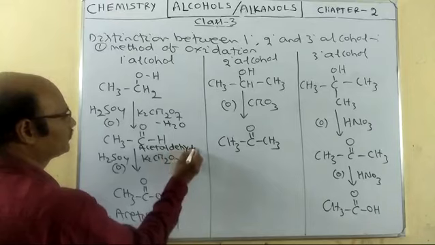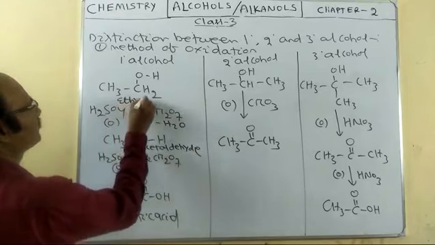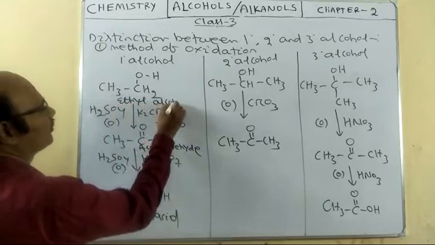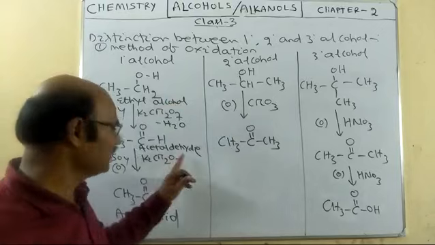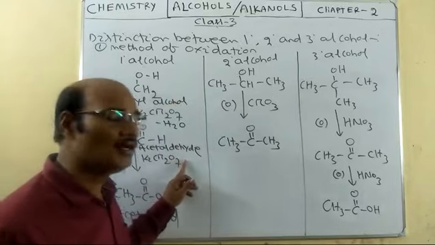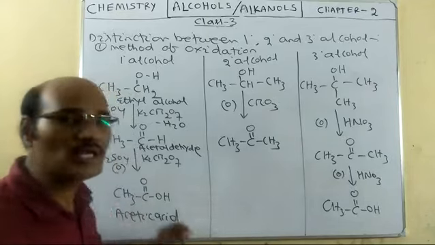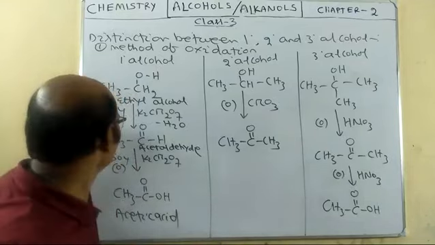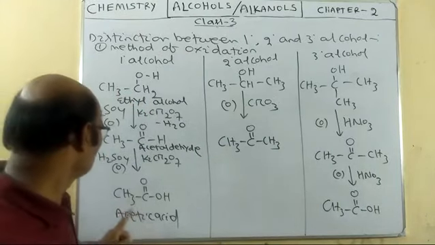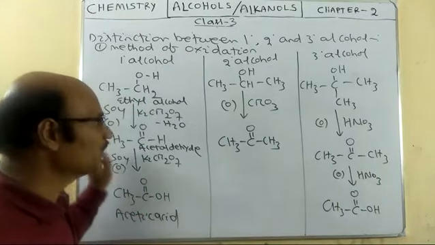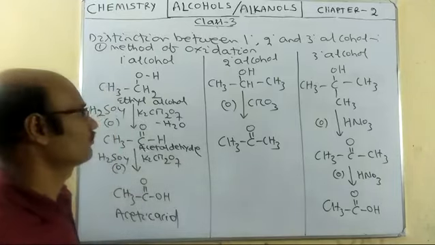Acetaldehyde is what your ethyl alcohol gives. So ethyl alcohol on oxidation with acidified potassium dichromate gives acetaldehyde, and acetaldehyde on further oxidation gives acetic acid. Here you see the number of carbon atoms in this alcohol is 2, this aldehyde is 2, this is also 2. The number of carbon atoms remains the same here.